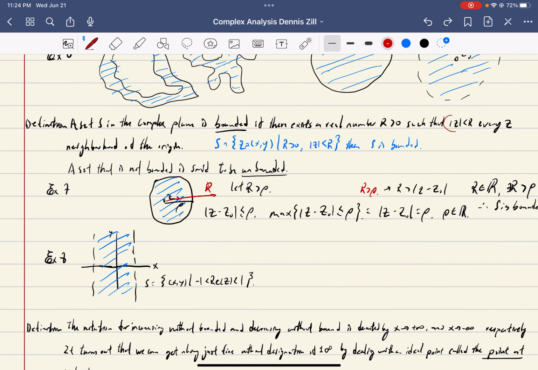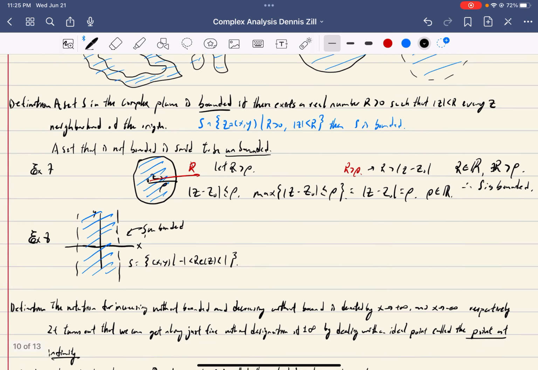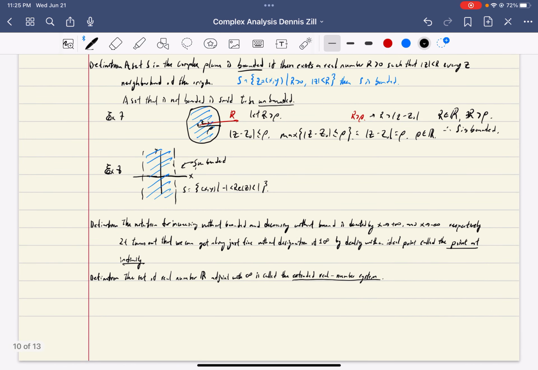But the modulus really is infinity, because this is not a circle. You can always go down infinitely, and there's no r that is greater than infinity, because you can't really compare infinity. So this is actually unbounded. S is unbounded, right? So this is an example.